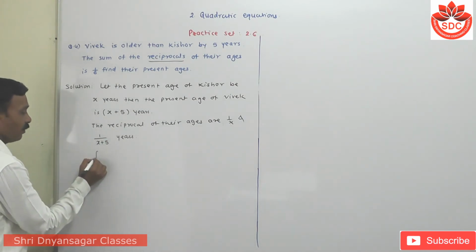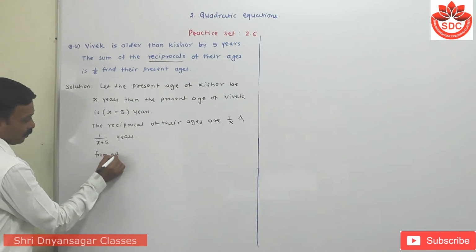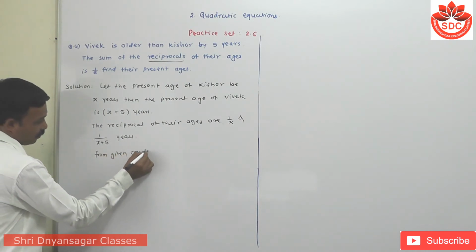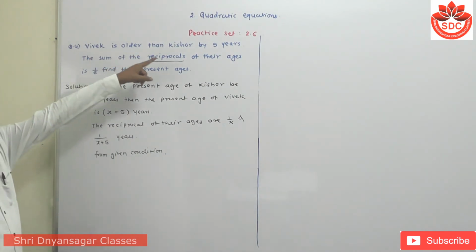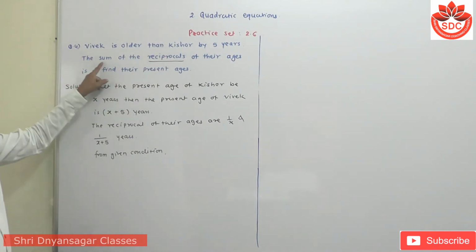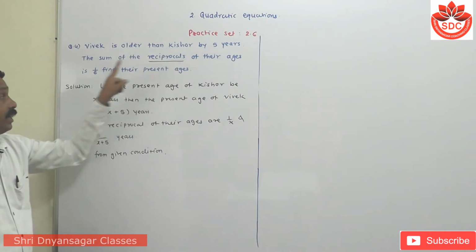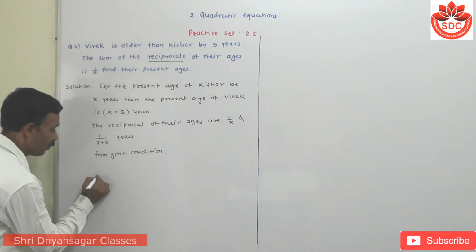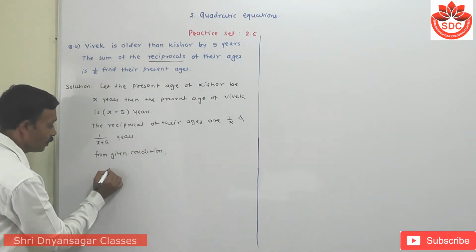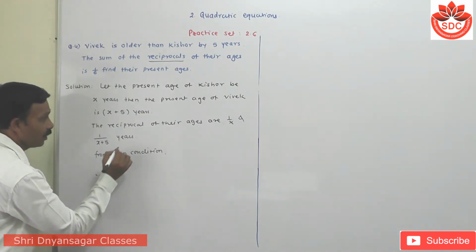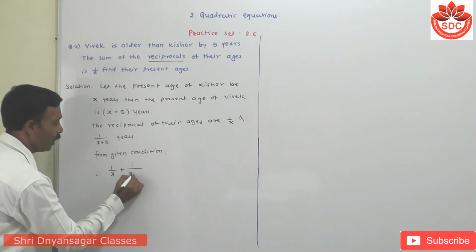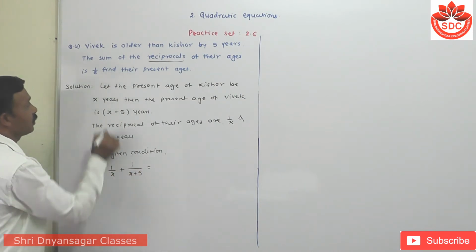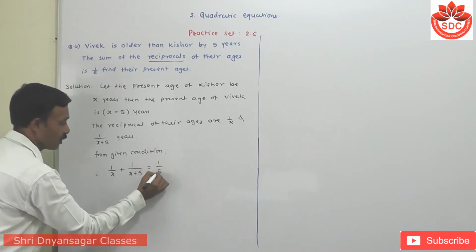Then from the given condition, Vivek is older than Kishore by 5 years. The sum of the reciprocals of their ages is 1/6. So I will write the sum of the reciprocals of their ages: 1/x plus 1/(x plus 5) is equal to how much? 1/6.